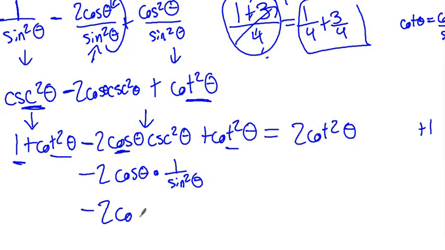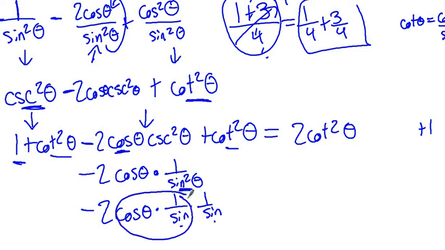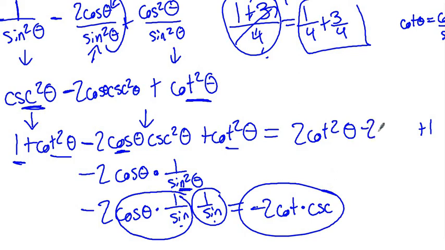We could have minus 2 cosine times 1 over sine times 1 over sine, because hopefully you would agree sine squared is the same as sine times sine. Now what does this equal? Cosine times 1 over sine, that's the same thing as cotangent. So that becomes 2 cotangent, and then 1 over sine, another name for that is cosecant. So that whole simplified term in the middle is 2 times cotangent theta times cosecant theta.